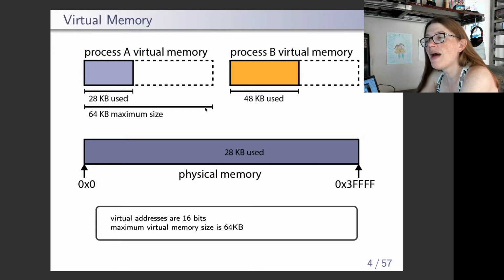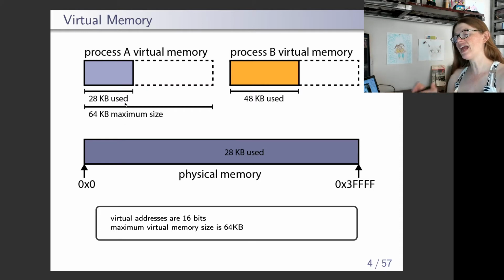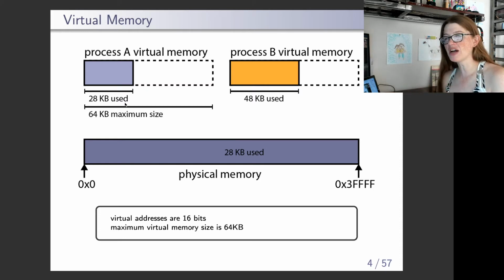Now you will note the maximum virtual memory size is 64 kilobytes. When you allocate virtual memory for a process, we don't need to allocate all 64 kilobytes. We only need to allocate the exact amount of memory that we actually are going to need and use.